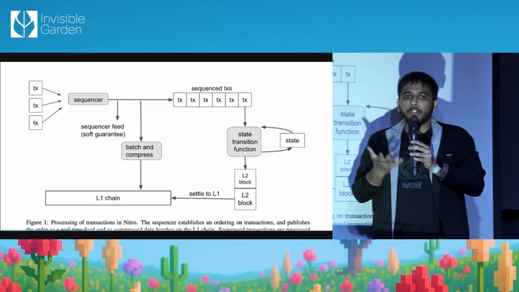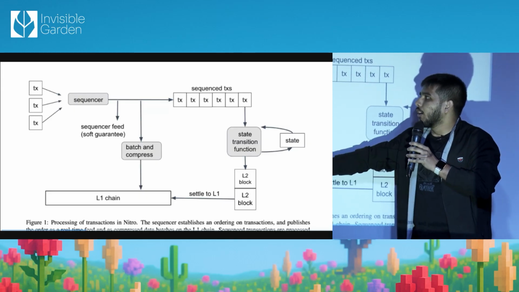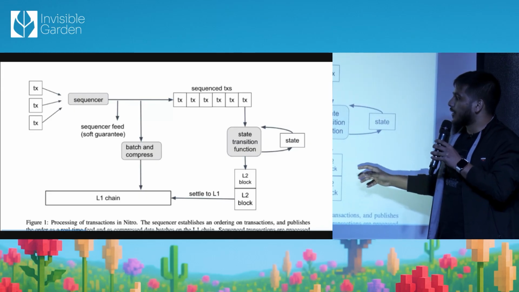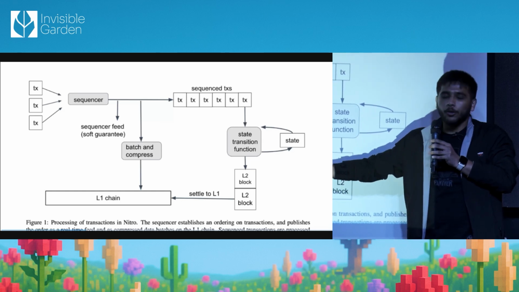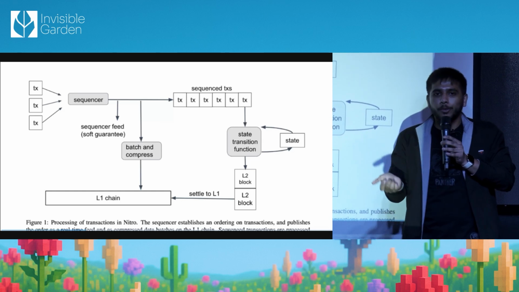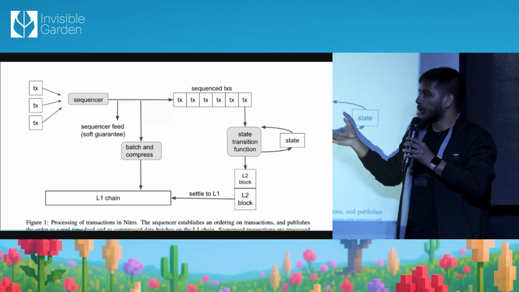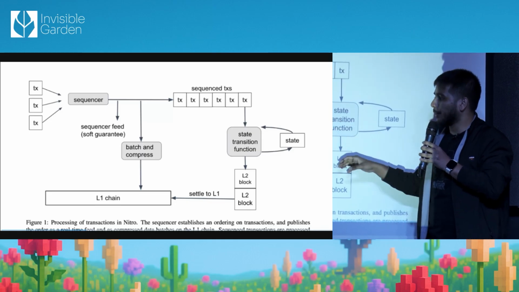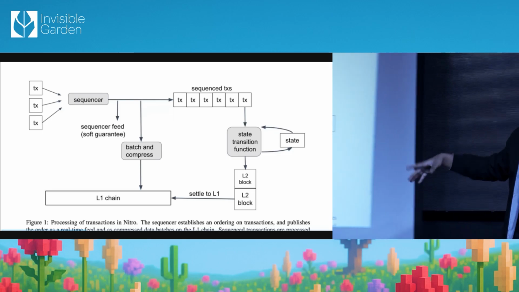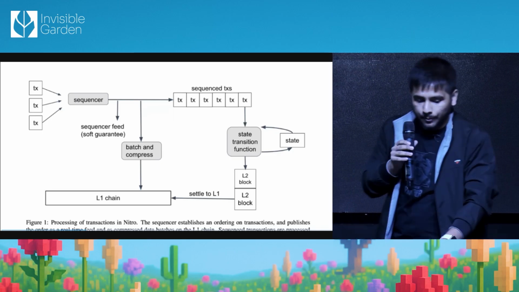If anyone wants to dispute that, they can use all the ingredients, run them through all the processes, and see if the final output matches or not. If it doesn't, anyone can dispute that, and through the fraud proving mechanism we resolve the dispute, and then it moves forward. So this is the general cycle.